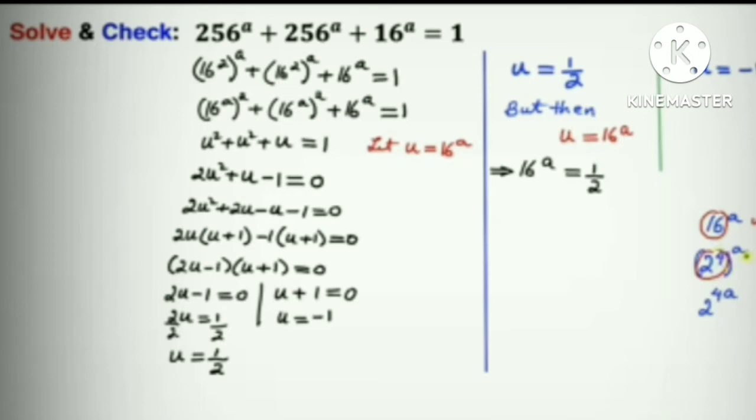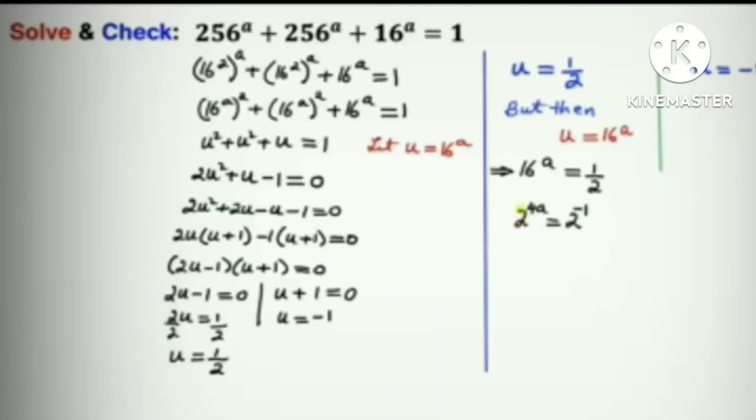And if we apply the power rule of exponents, we are going to multiply these nested exponents. So we got 2 power 4a. So therefore I'm going to replace this 16^a by 2^(4a) equals, on the right hand side, 1 over 2 could be written as 2 power negative 1.